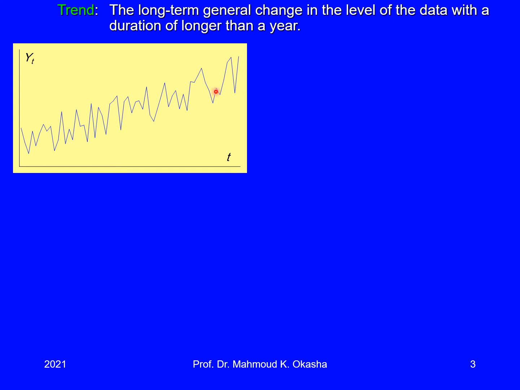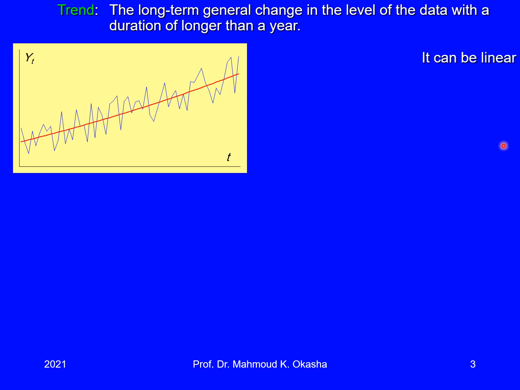So this time series has a trend. So it is the long-term general change in the level of the data, with a duration of longer than a year, usually over all the series. That is what we call a trend.